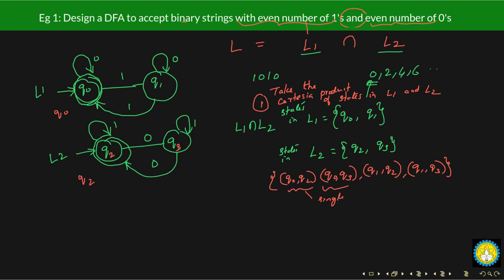And remember, Q0 is the final state in L1 and Q2 is the final state in L2. So since we have an AND closure here, we are going to consider the combination which has both Q0 and Q2 as the final state in our new DFA. So this particular combination, Q0, Q2, is going to be our final state in the new DFA that we are designing. And we are considering all these as single states.